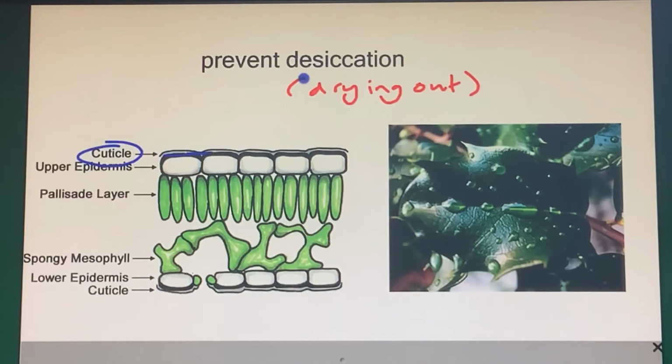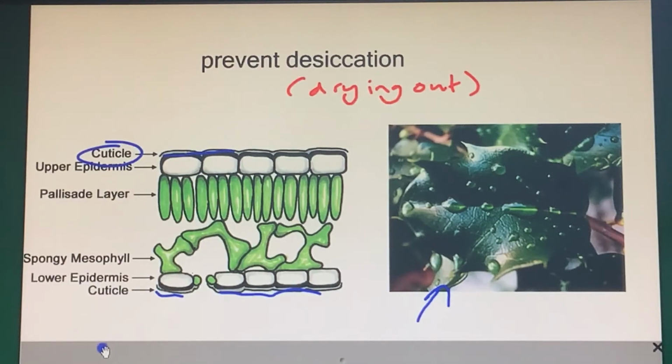You can see the cuticle on the top of these cells here and these cells here. This waxy cuticle, if you touch a plant's leaf, it feels kind of waxy. You can see over here in this picture how the water beads up on that leaf. Now, in this case, we see water being kept out of the leaf, but think about all the moisture inside the leaf that waxy coat is trapping in.